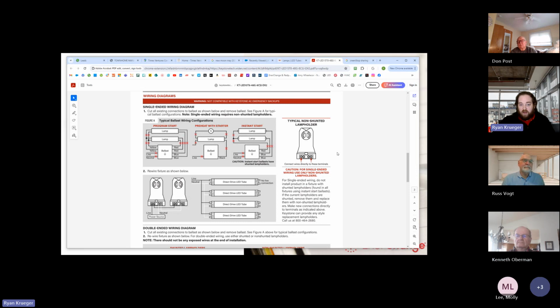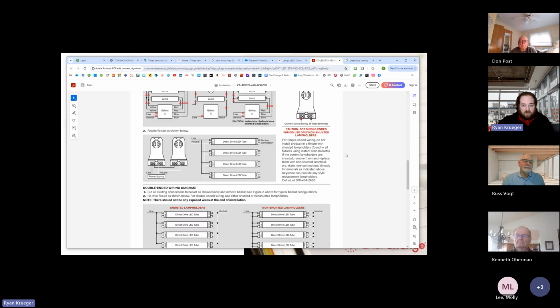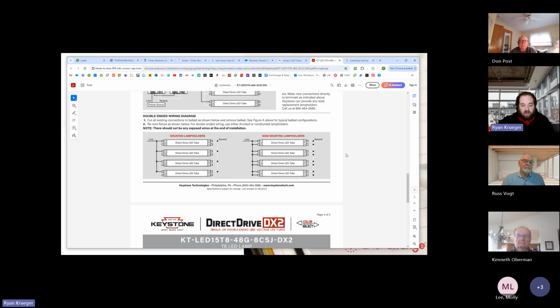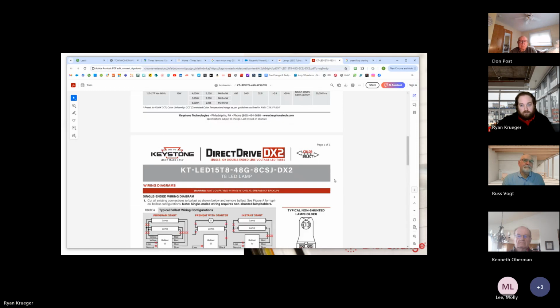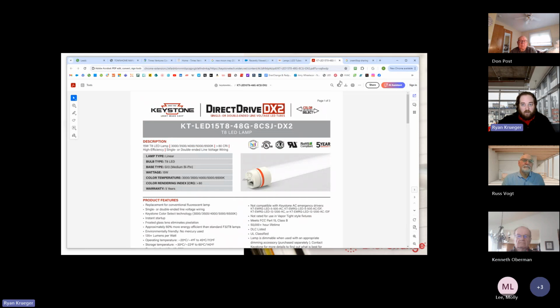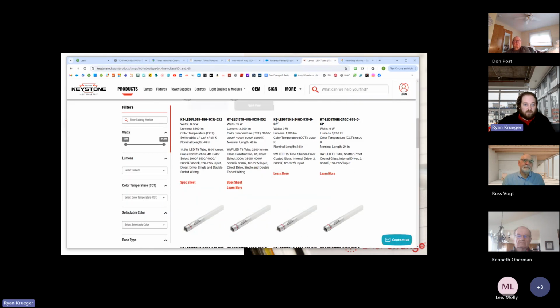And instead of running the line voltage to the ballast, it's running to the end cap and it's running through the lamp holder. And there's 3 different iterations of them, and I never 100% figured out non-shunted versus shunted. I just let the electricians do their thing. But having that information easily available is very helpful.